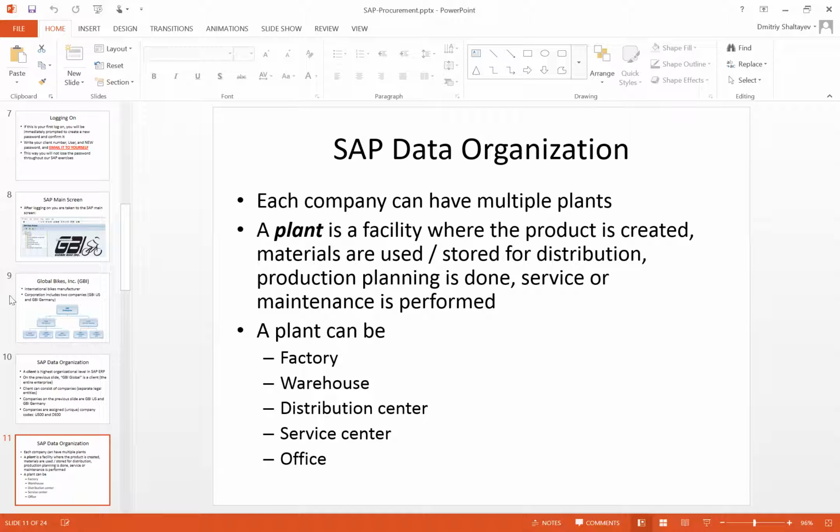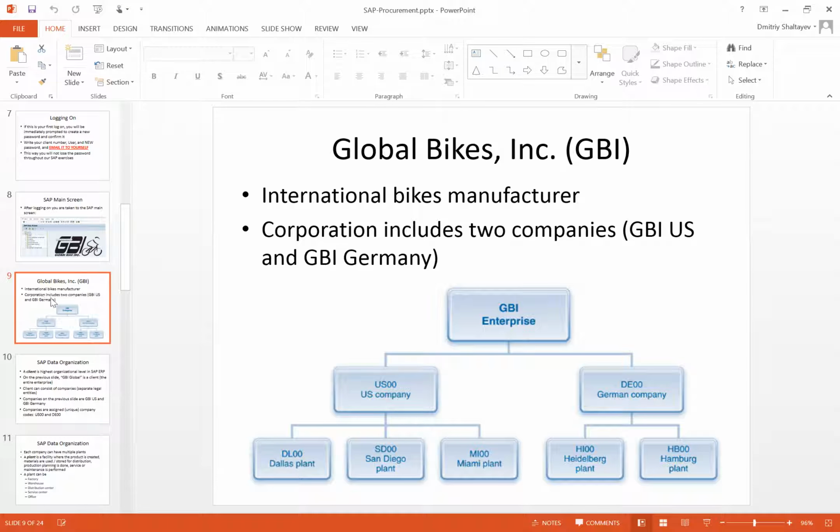So let's go back to our organization of Global Bikes. As we discussed, there is a client, the global company, GBI Incorporated. Then there are two companies operating under that, and let's say the US company has three locations. One of them is the Miami distribution center. That's truly a distribution center. It's a warehouse. There is no production going on.